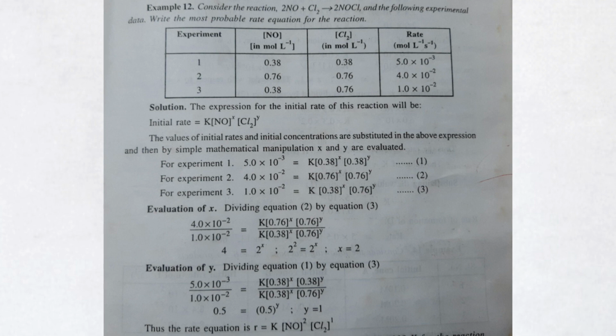Then so we get 0.5 is equal to 0.5 to the power y. That is y is equal to 1. Therefore the rate equation is equal to k into concentration of NO to the power 2 into the concentration of Cl2 to the power 1.